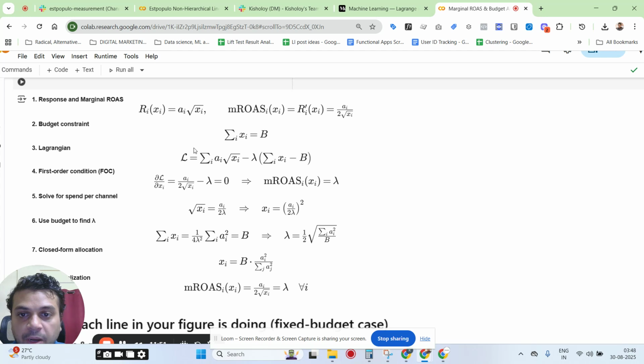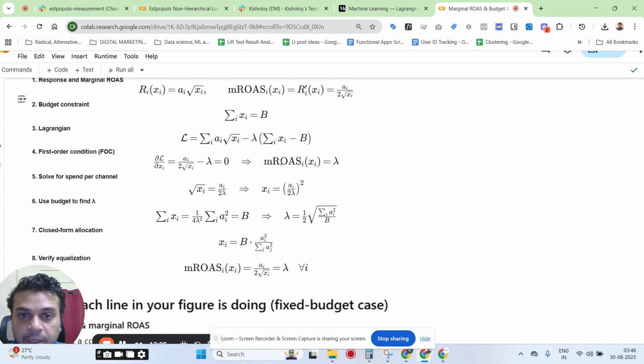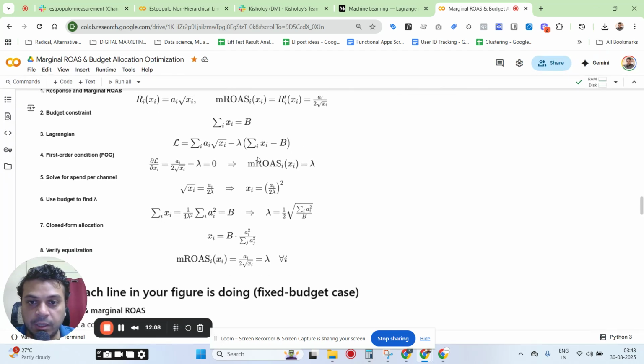Remember, this first part here is nothing but the r dot i of xi. Or rather, sorry, this is the r i of xi, and you simply have the derivative of that, and we already have that value from here, and this is minus lambda. Because b is a constant, you basically have only minus lambda from the second part of this equation.